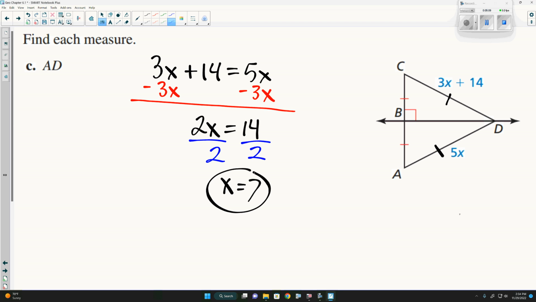Now we just need to plug it back in. Which equation would we plug it back into? So 5x would be 5 times, which is, so that tells us that AD is.